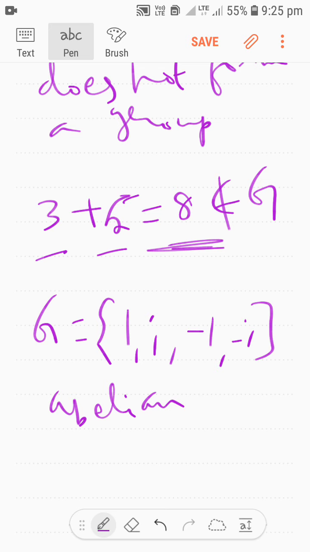They can give 4 options: abelian, non-abelian, abelian under matrix addition, abelian under matrix multiplication. So which one is the correct option for this? Here this G is {1, i, -1, -i}. This is an abelian group under usual multiplication.